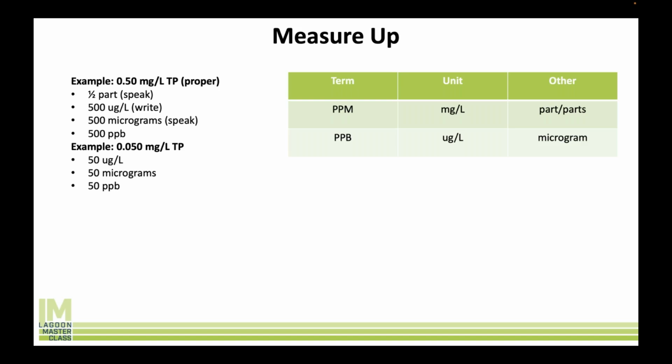Or people say ppm for parts per million, so 0.5 ppm and 0.5 milligrams per liter mean exactly the same thing. 500 micrograms per liter, 500 ppb, or parts per billion, same thing. It can be confusing sometimes, and a lot of times we are talking about measurements that can be low, in that parts per million or even parts per billion range, when we're talking about phosphorus.